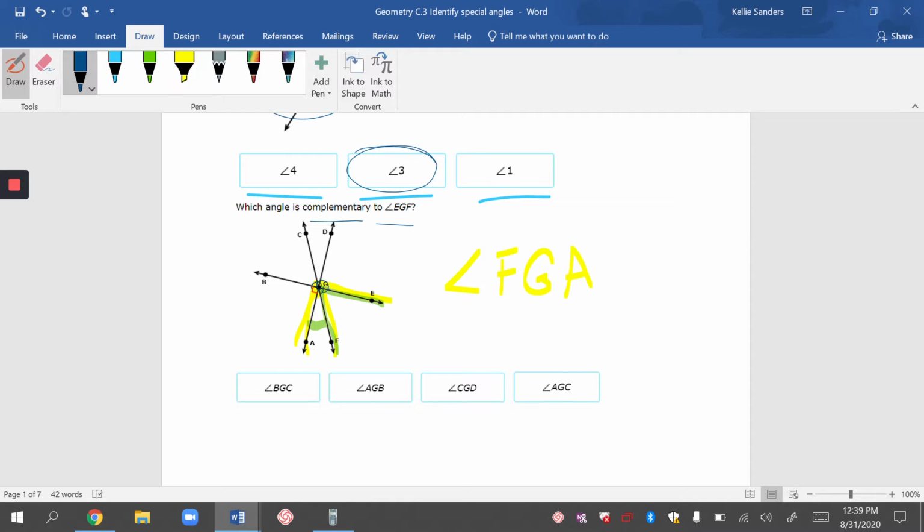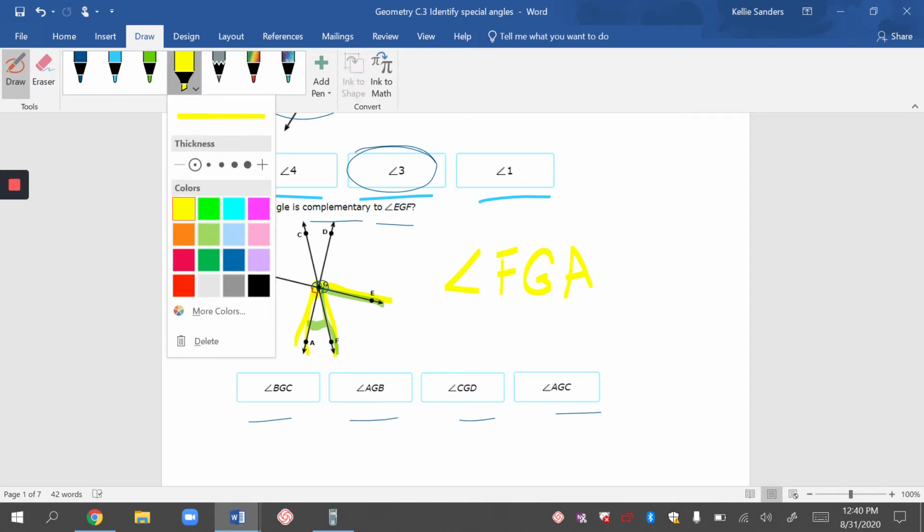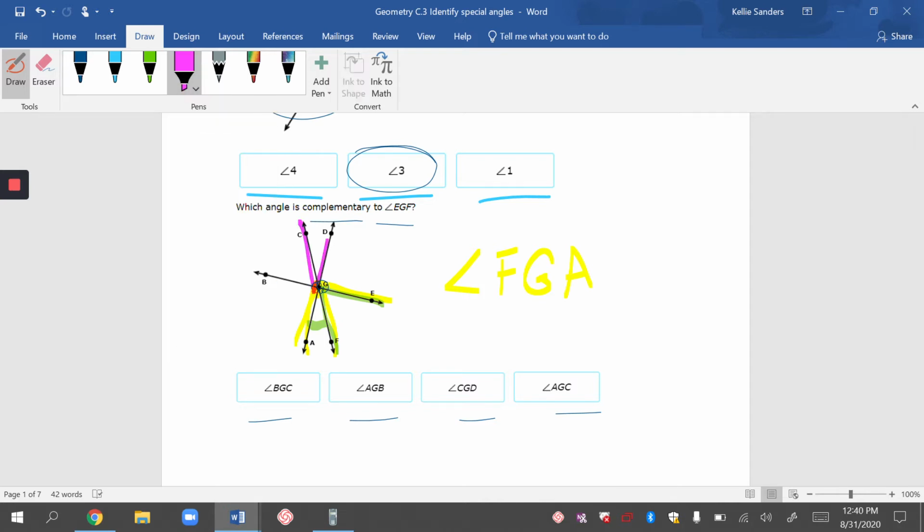So is FGA here? No, it's not. So that means that there's another angle in the picture that's the same size of FGA. Let's see if we can find it. And this right here, this angle is the same size as FGA, and it's angle CGD, which is there.